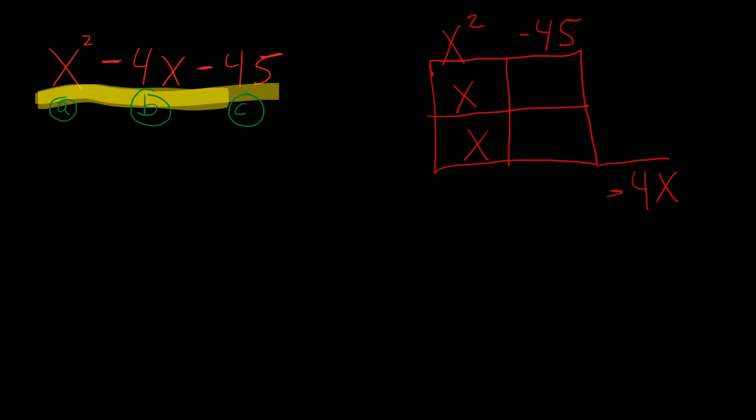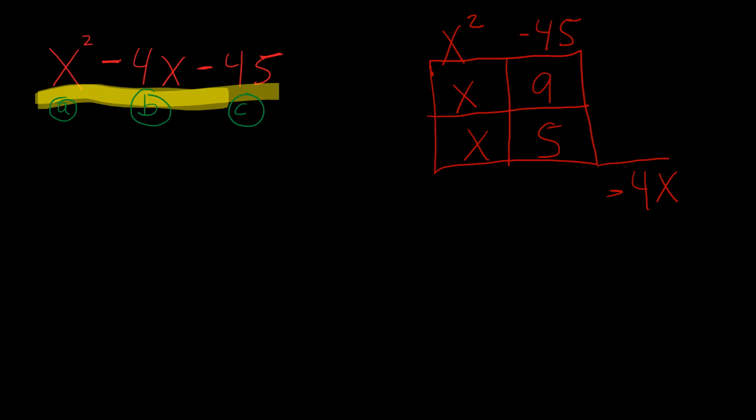Now we have to think of two numbers multiplied together that give us 45. Let's try 9 and 5. Well, 9 times 5 is 45, not negative 45, so I'm going to put the negative on the 9. You'll see in a minute.